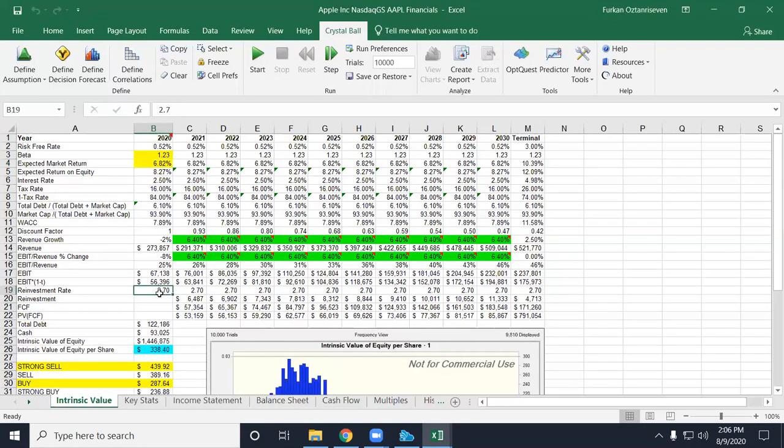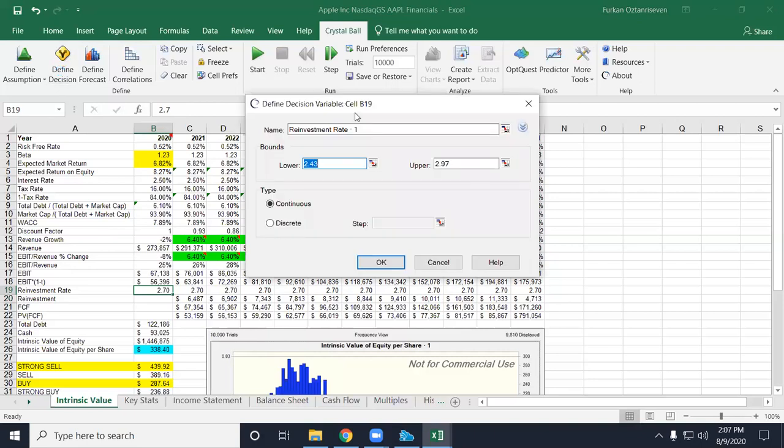Another thing that I think is highly uncertain in this model is the reinvestment rate. There was a formula here, again, revenue divided by total debts plus total equity minus cash. If there's a formula there, please replace that with 2.7 because we calculated that. Because if there's a formula, Crystal Ball won't allow us to define it as a decision. So I would just define it as a decision as well.